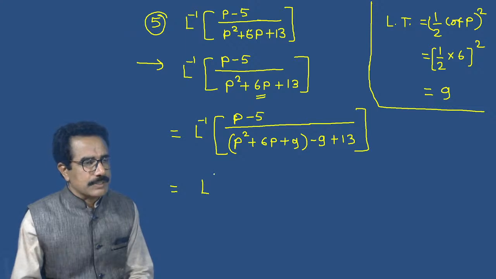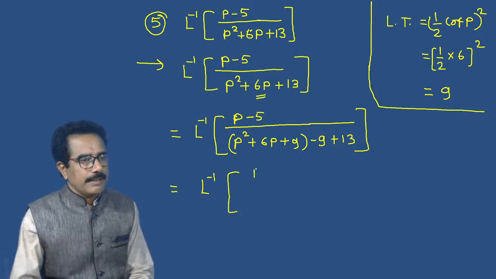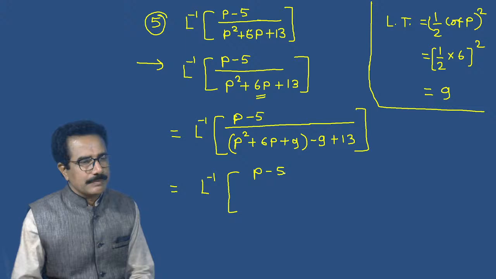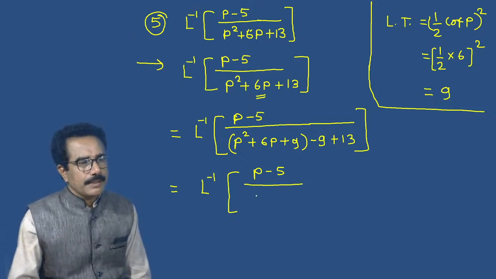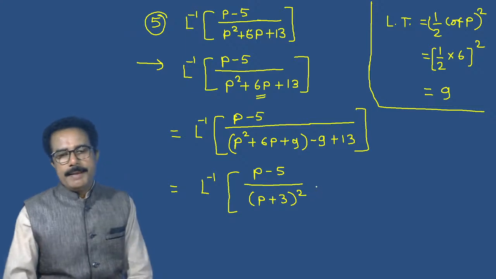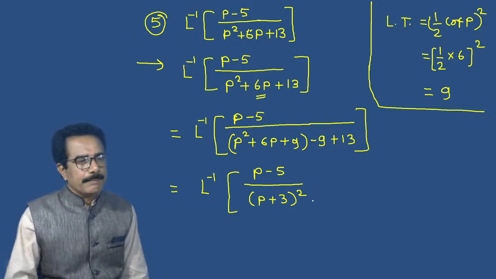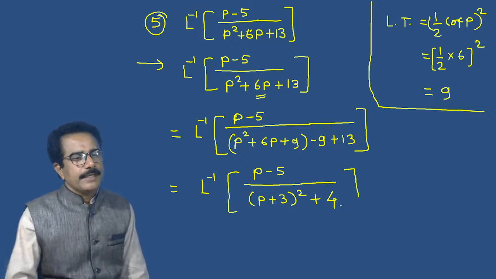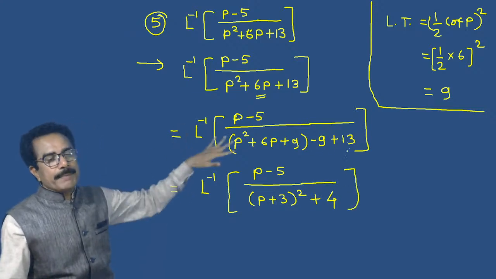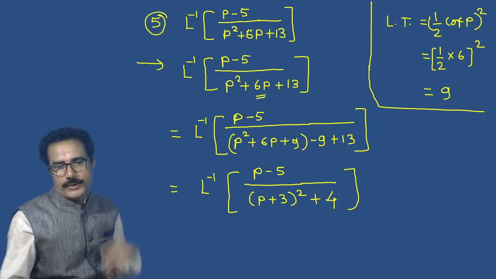L inverse of p minus 5 divided by p plus 3 bracket square, minus 9 plus 13, that is equal to 4.